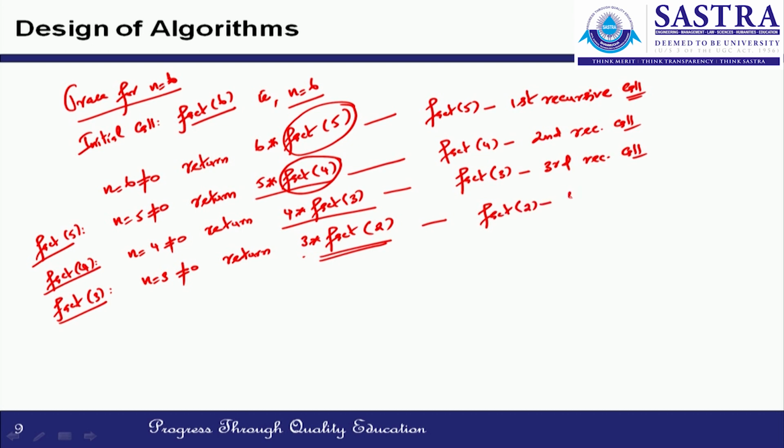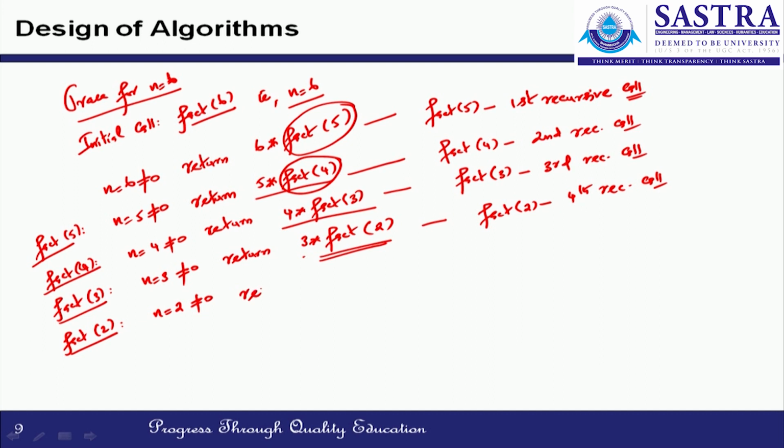Fact of 2, this is the fourth recursive call. To evaluate fact of 2, the actual parameter is 2, the formal parameter n receives 2, checking if n is equal to 0, 2 is not equal to 0.